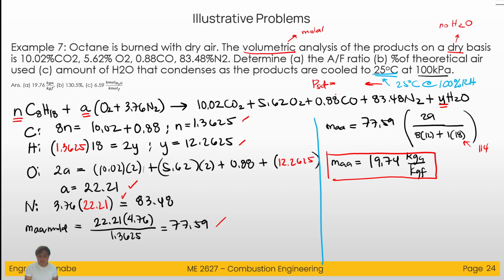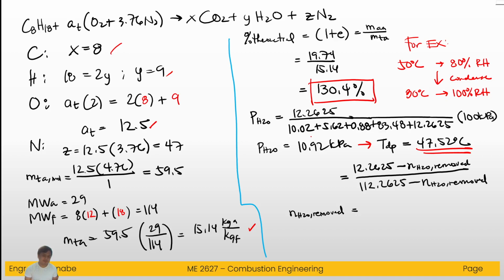So using your steam table at table 1, we can determine that to be 3.169 kPa. So, after it reaches 25 degrees Celsius and 100% relative humidity, then therefore, this will be the partial pressure, no?